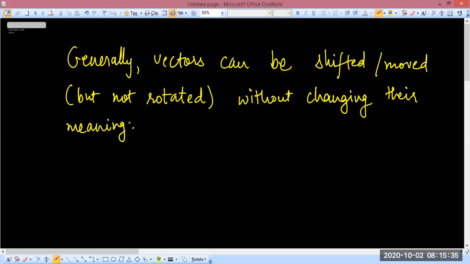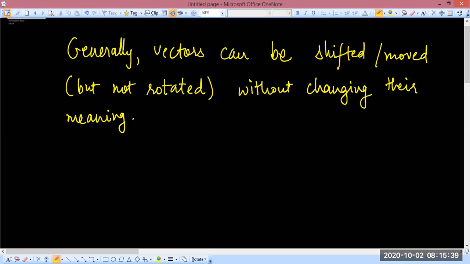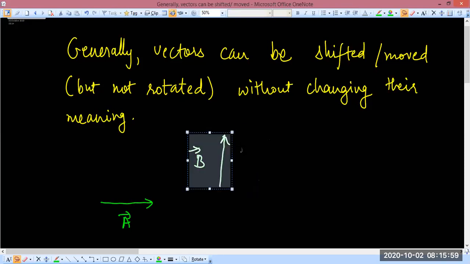So what do I mean? What's this sentence telling you? Suppose this is a vector, and I've drawn one b vector over there. Then what I can do is take this b vector and shift it. Shift, that is move, not rotate.